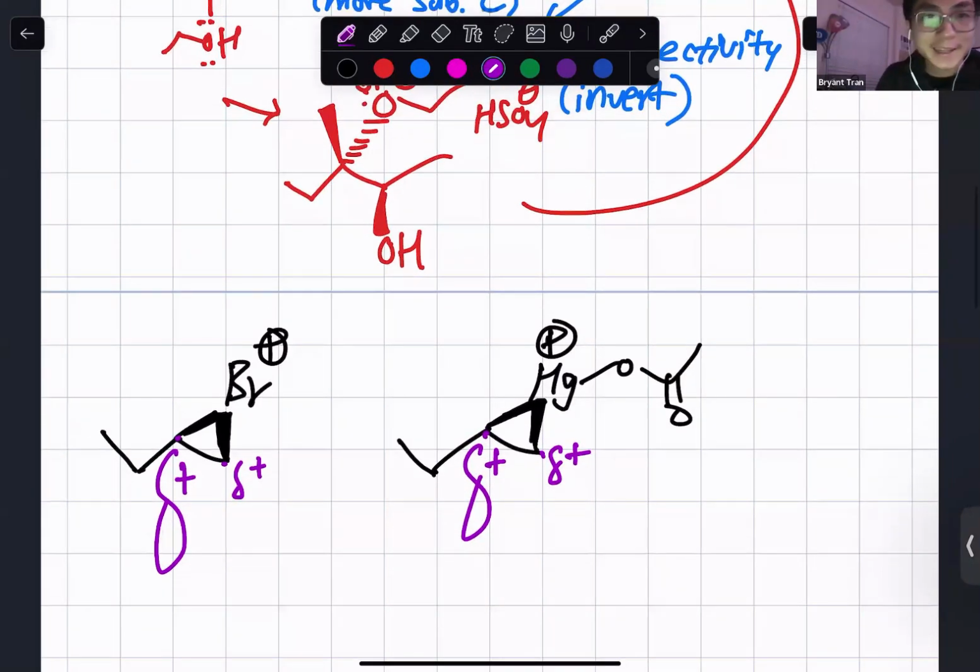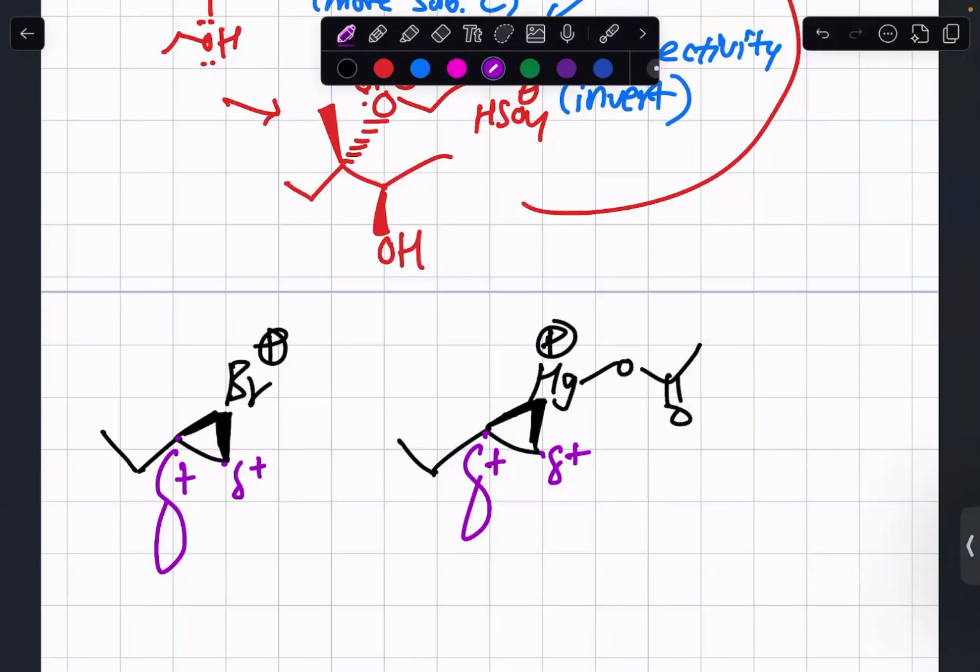Are you learning about epoxides right now in 128B? Yeah, we just finished epoxides. Then we talked about crown ethers, and today we finished IR spec, and now we're doing NMR. Oh, you're learning NMR right now?